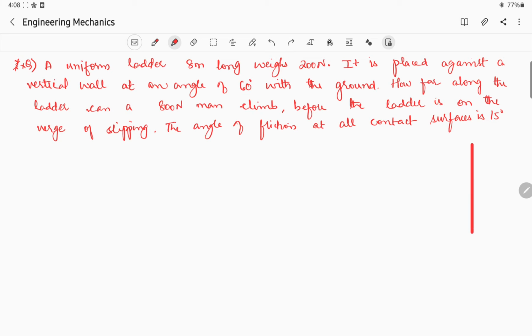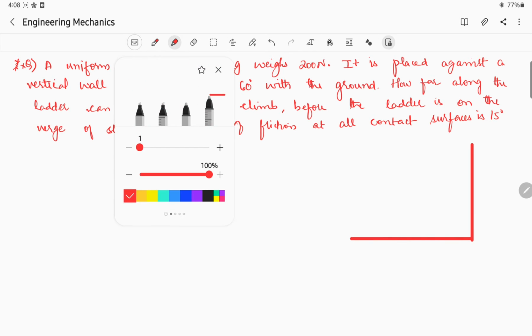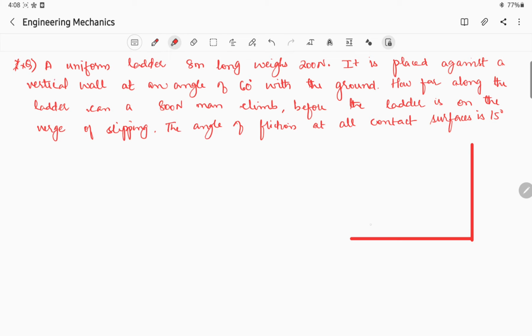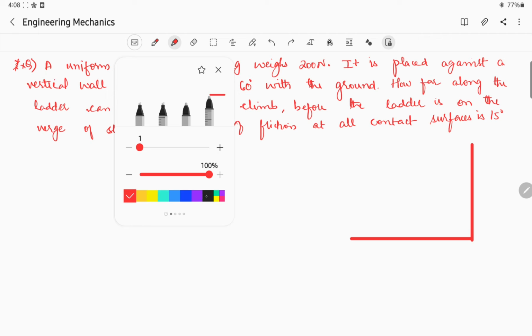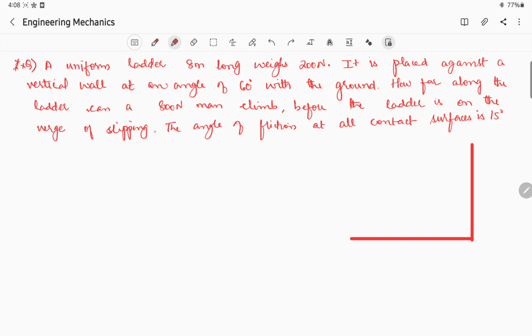So this is the wall, this is the horizontal surface, and I'll draw the ladder with some other color. This is the ladder.